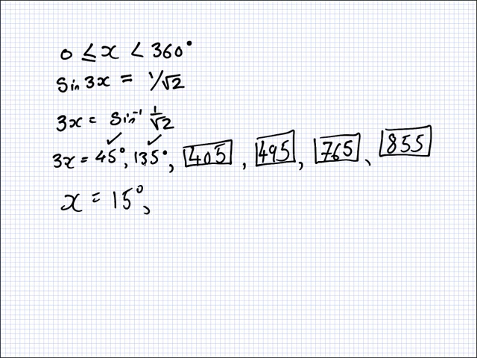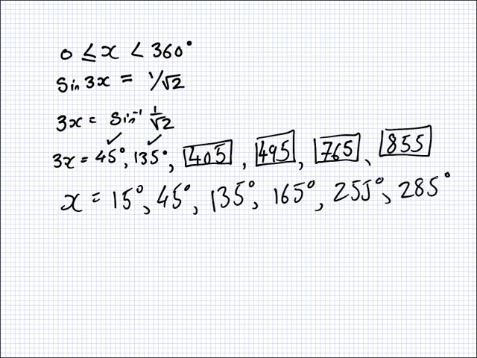And then 135 divided by 3 is 45. 405 divided by 3 is 135. And this one is 165. Then 255. And then 285. Okay. Got it.